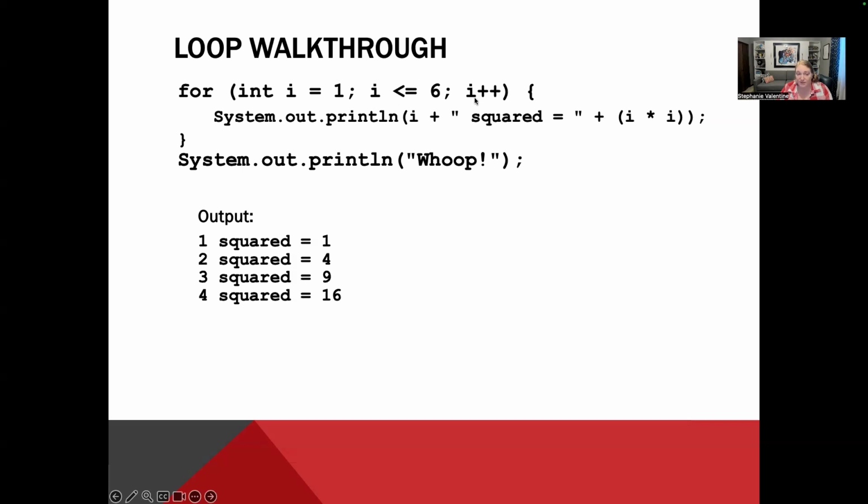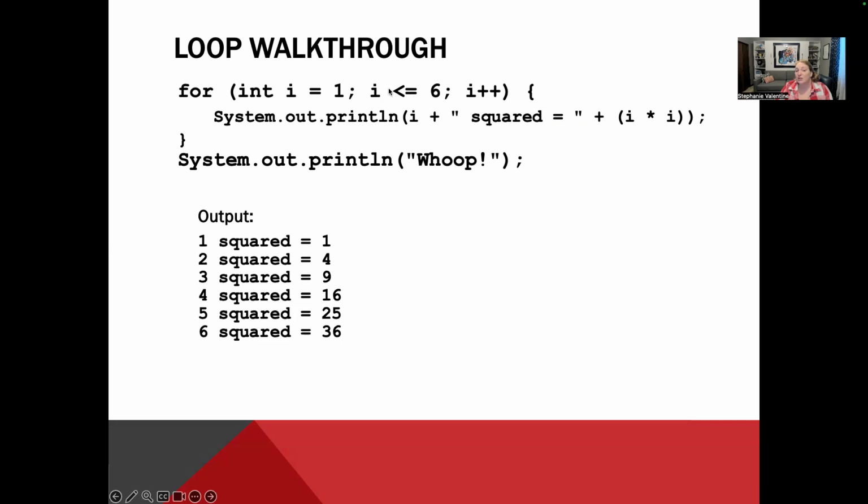We're going to update it. We get 5. 5 is still less than or equal to 6. We get 6, which is less than or equal to 6. And finally, when we do this last update, I is going to equal 7. And when we do this test, it's going to return false.